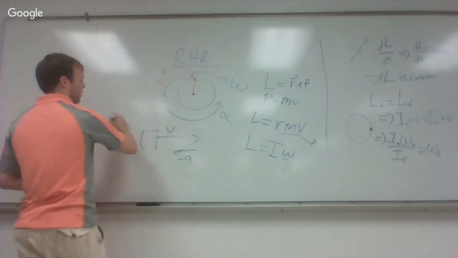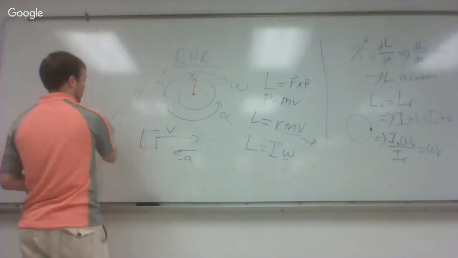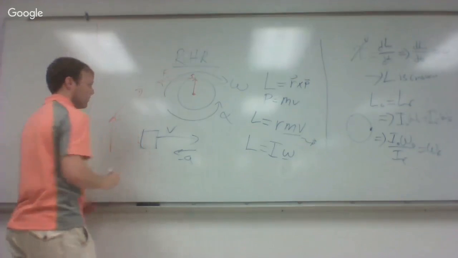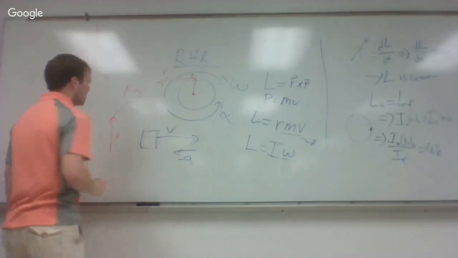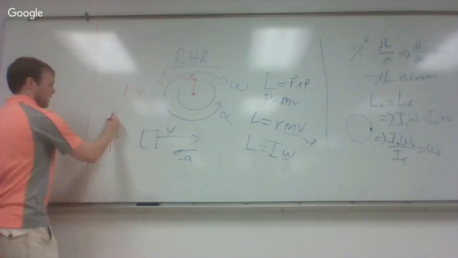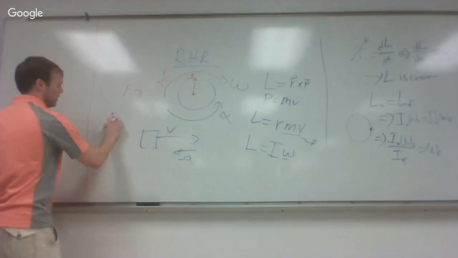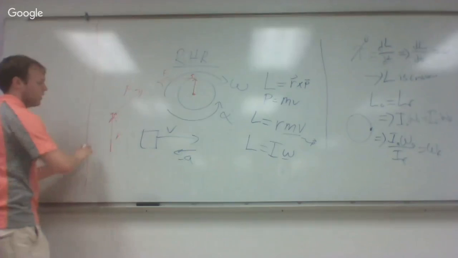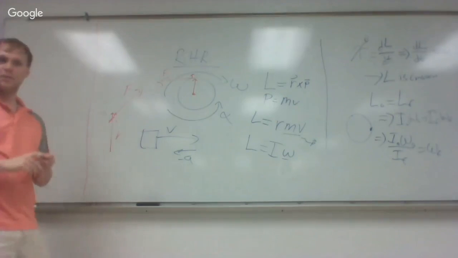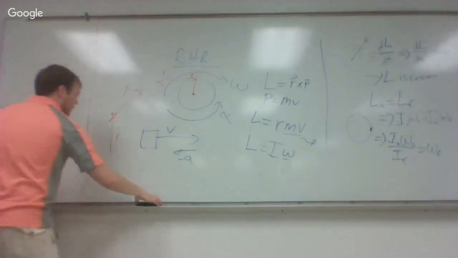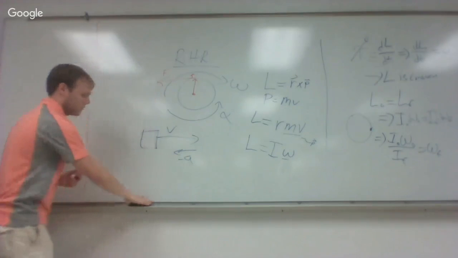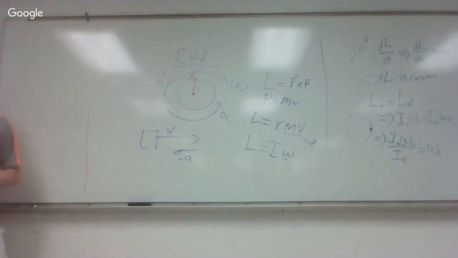So if you had a force going off in this direction and a radius this way, draw the line r cross F. Any other questions?